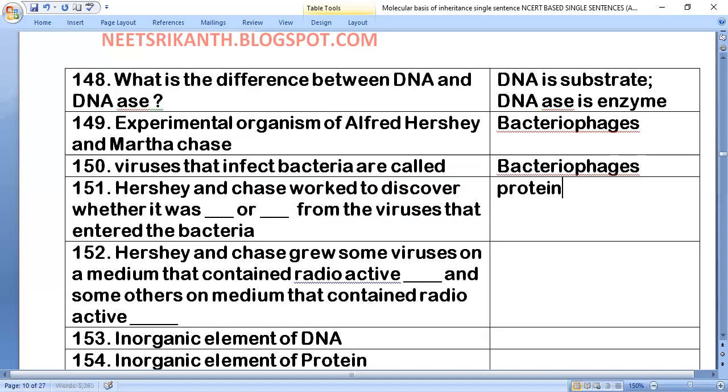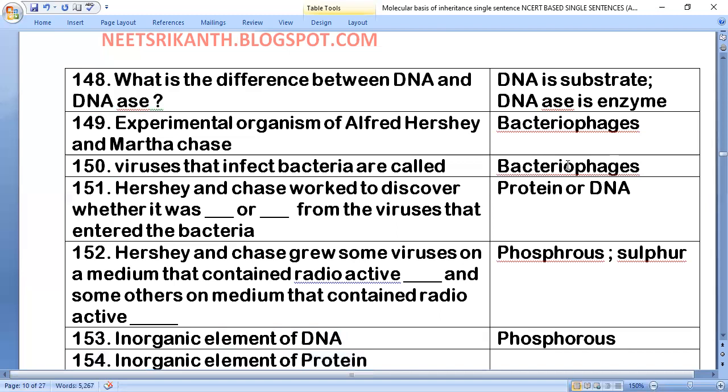Hershey and Chase grew some viruses on a medium that contained radioactive phosphorus and some others on medium that contained radioactive sulfur. Inorganic element of DNA is phosphorus. Inorganic element of protein is sulfur.